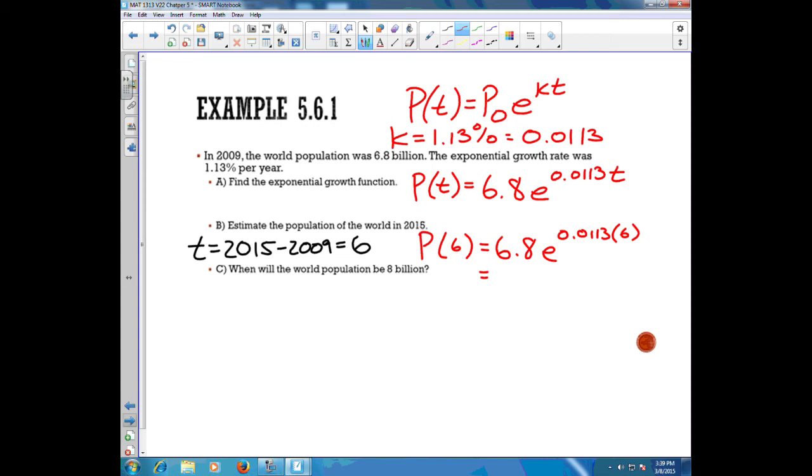And so that should give us 6.8 e to the 0.0678. When we plug all of that in the calculator, you get the population in 2015 is equal to 7.3 billion.